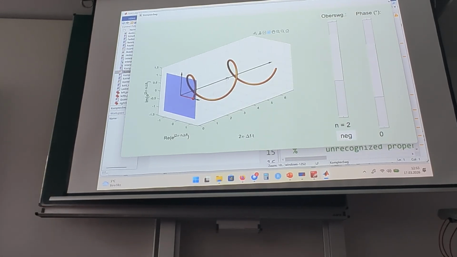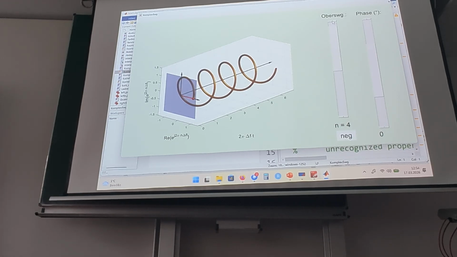This looks like a coil in space. The coil winds around the time axis, the long axis here, this is time. And we can change the frequency here with the button. I enlarge the frequency so we can see this coil becomes more tight.